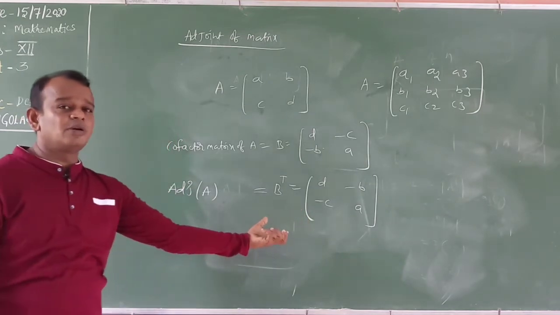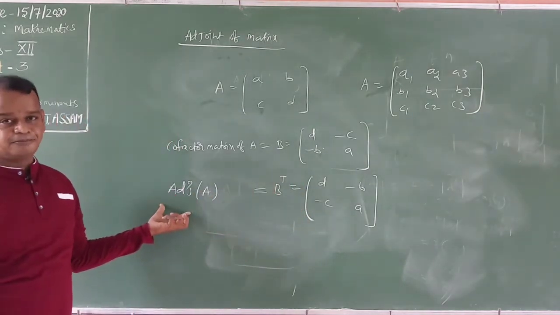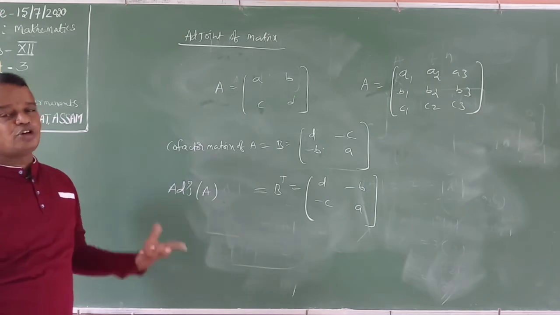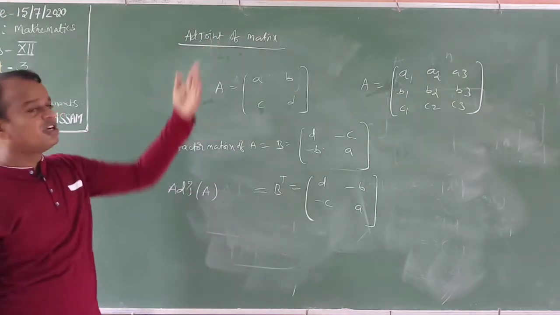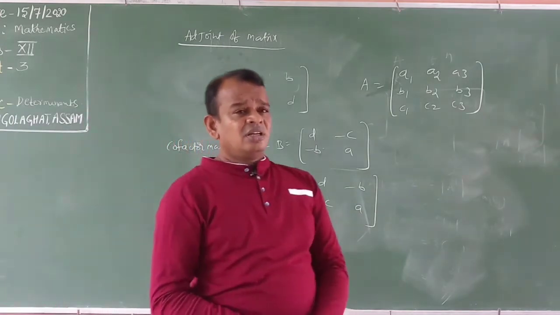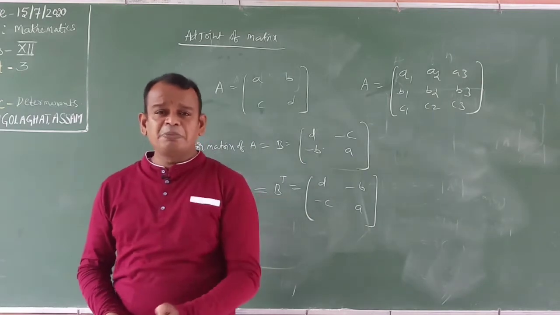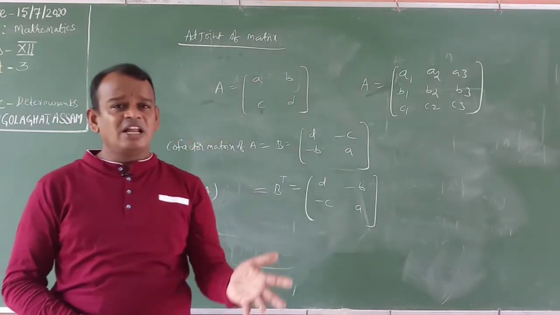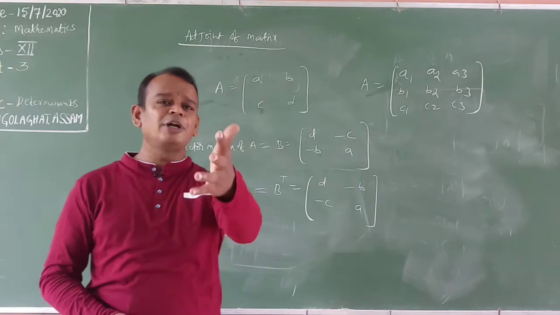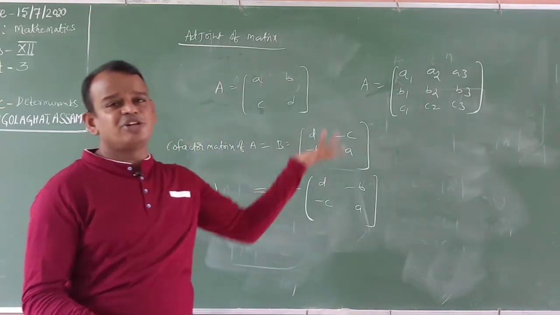That transpose of the cofactor matrix is called the adjoint of A. What is the definition of the adjoint of the matrix? The transpose of the matrix obtained by replacing the elements of the given matrix with their corresponding cofactors is called the adjoint of the matrix.